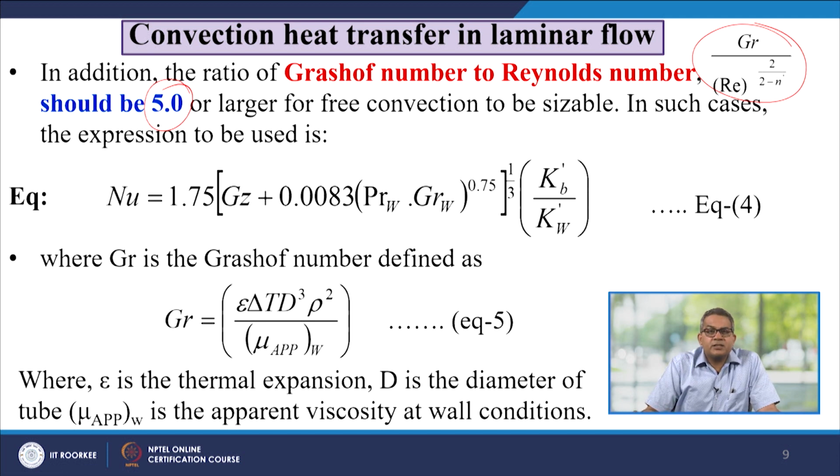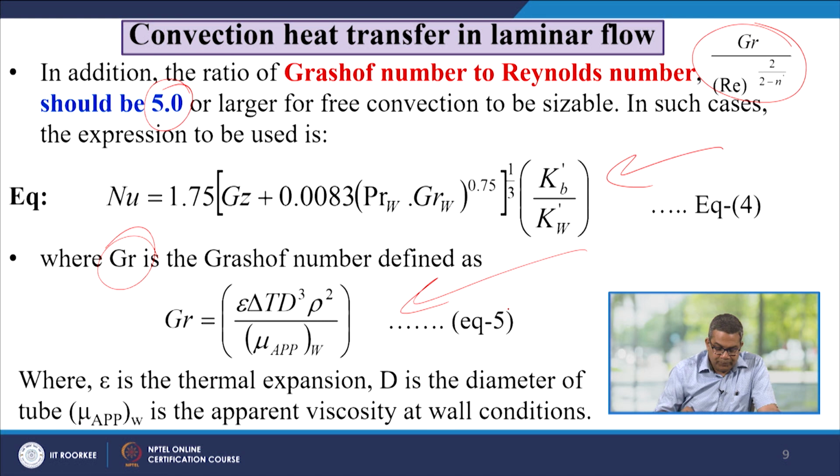In such cases, the expression is to be used like this, represented as equation number 4, where the Grashof number is defined as per the usual notation, where epsilon is the thermal expansion coefficient, d is the diameter of the tube, and mu is the apparent viscosity at wall conditions.